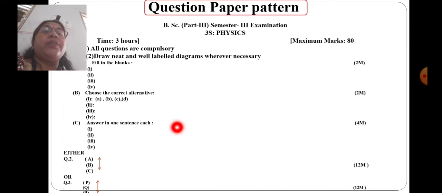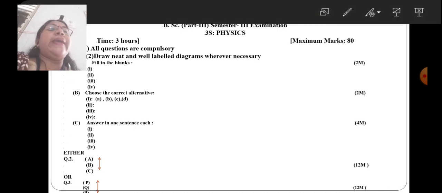Again, question 1C is answer in one sentence each. There will also be 4 questions, and these consist of 1 mark each. So the total marks for question 1C are 4 marks. In this way, 8 marks cover question number 1.